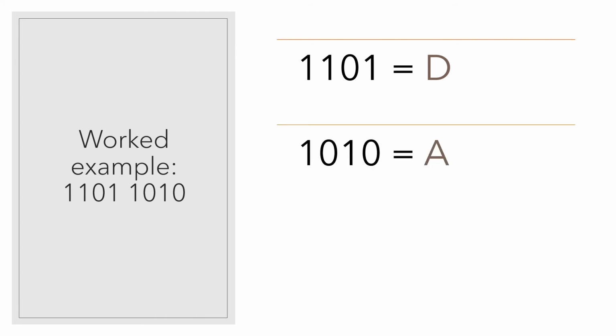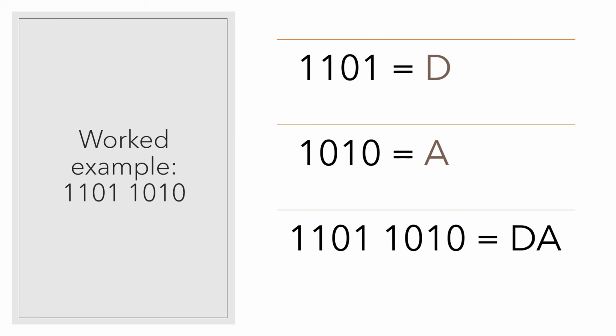So here's our final worked example, a number in binary. The first group of 4 bits is equivalent to D. The second group of 4 bits is equivalent to A. And so the whole thing is DA. I don't know what those numbers are in decimal, but they are the same number. And that's all you need to do in the exam.